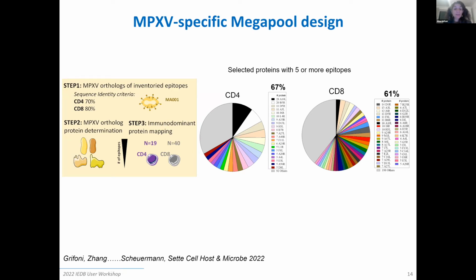And then by doing that, we were able to apply T-cell prediction tools to design a CD4 and a CD8 megapool that take into account the immunodominant proteins for the monkeypox, but also factor in HLA. And so we made sure to use the reference set alleles that were mentioned by Bjorn Peters before, to make sure that these pools are done in a way that takes into account HLA that are frequent in multiple populations. And so ideally you can test the megapools in different geographical locations.